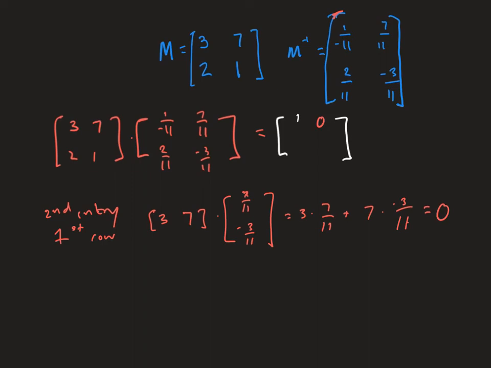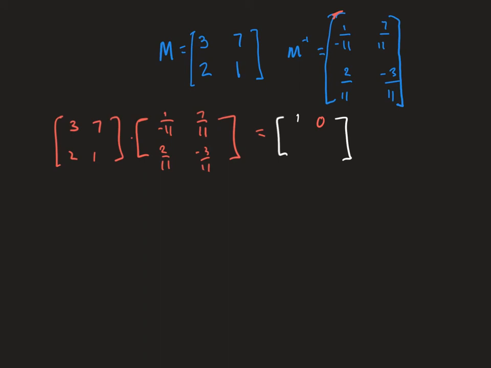Now let's do the third entry, which is the first entry in the second row. What goes right there? This time we're going to take the second row, 2, 1, and do a dot product with the first column of the second matrix. You'll notice we're always taking rows from the first matrix and columns from the second.